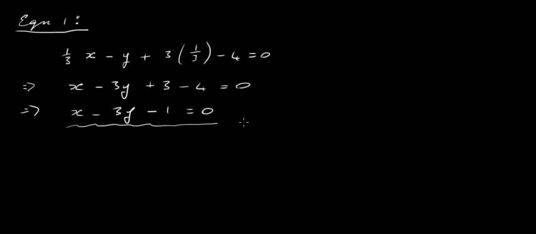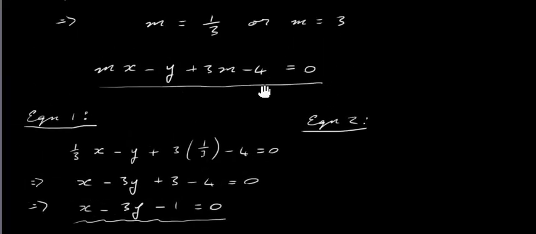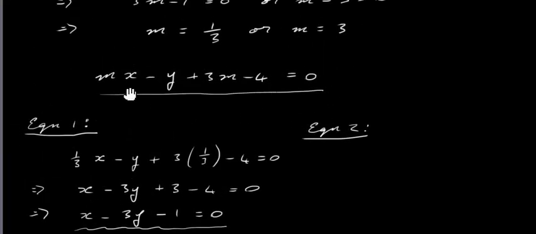Okay, so the other one, equation 2. Let me go back a second. Oh yeah, it was m is equal to 3, so we've got to put 3 in here.